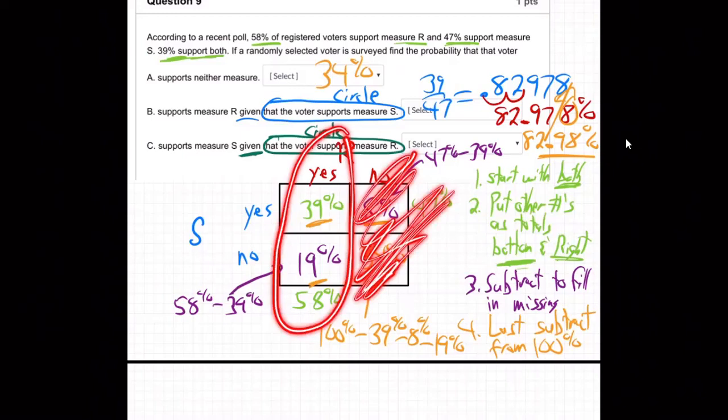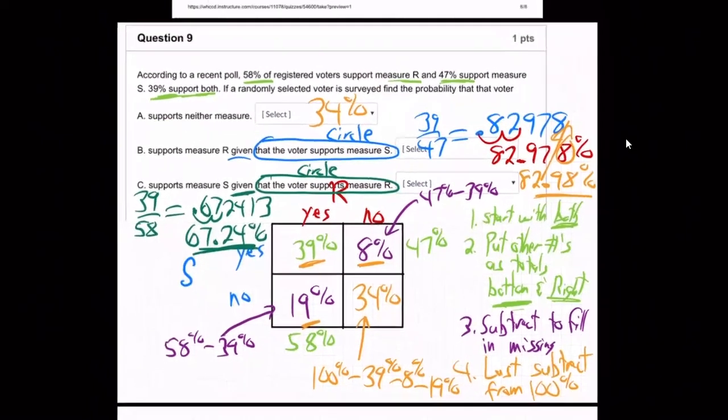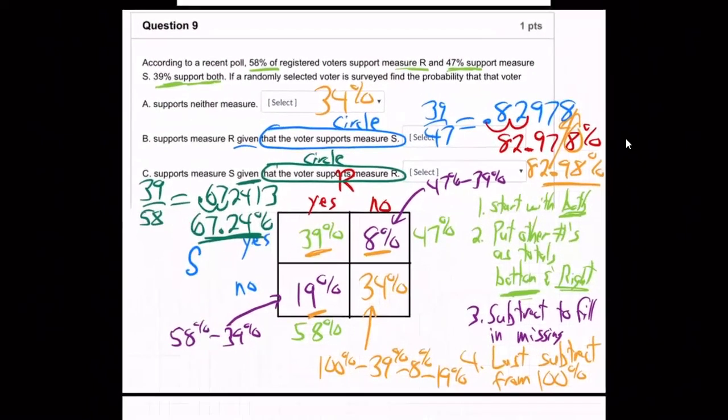So that they also support yes, again, that's the 39 over, but this time over 58. This is going to be 39 over 58. And I'm getting 0.672413. Move the decimal 2 places to make it a percentage. 67.24%. There we go. Questions I can answer on that one.